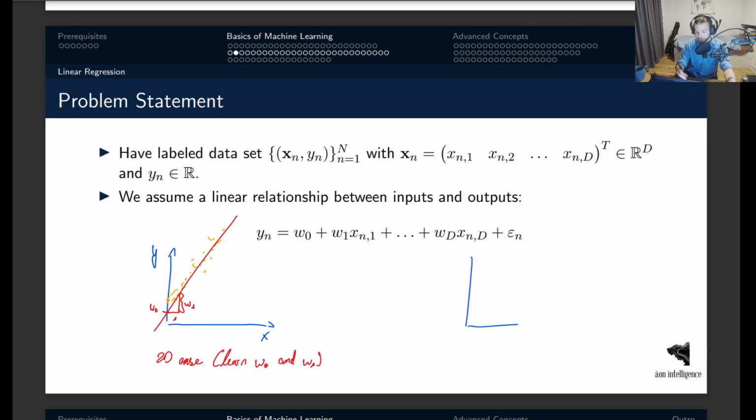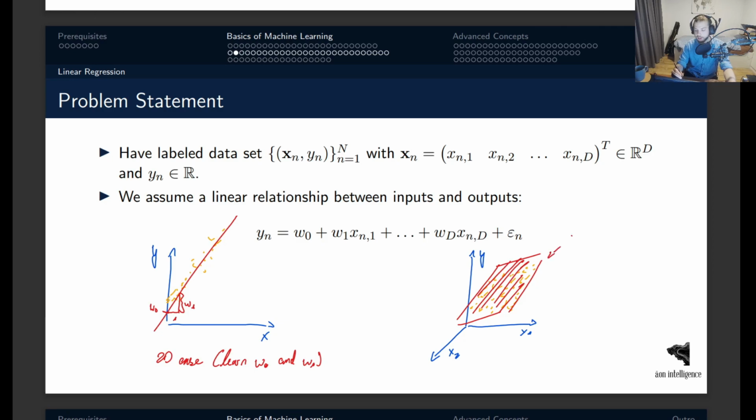We could also be in a 3D case where we have two input features, x1 and x2, and we want to predict the label y. So this time data points live in a 3D Euclidean space, and our linear model would be a 2D hyperplane.